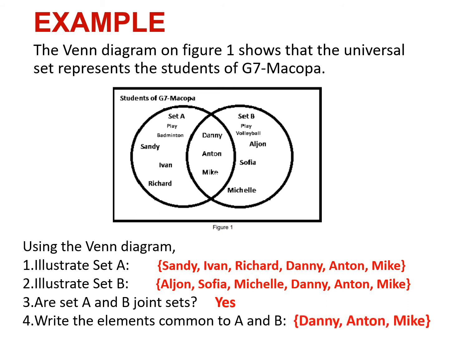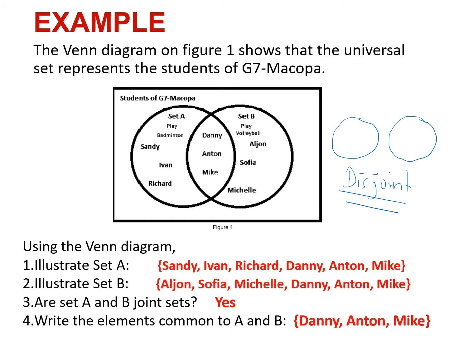So, if you are given here, for example, isang circle dito, tapos meron tayong isa pang circle dito, ang tawag natin dito ay disjoint set. Alright? So, hindi sila nag-intersect. So, there is no common element between the two sets. So, therefore, dito sa example natin na set A and set B, ang tawag natin dyan ay joint sets.